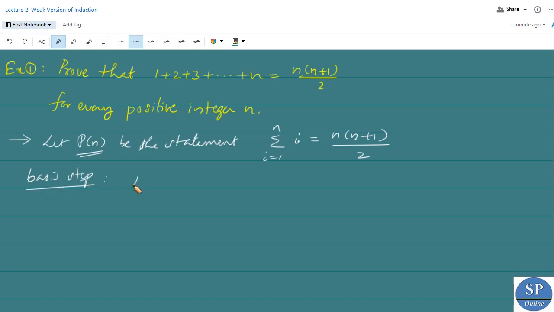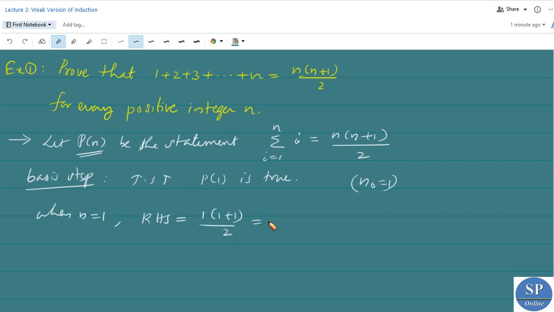that is, to show that P(1) is true. Here we are using n naught equal to 1. So when n is equal to 1, the right hand side is equal to 1 into (1+1) divided by 2.